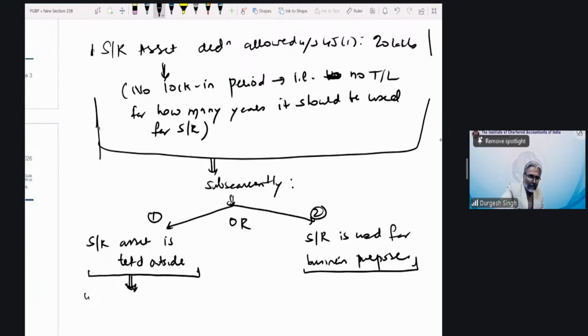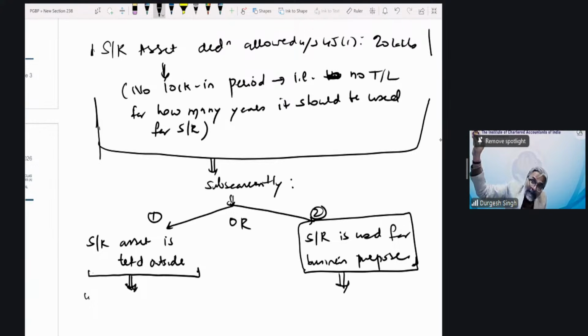Now students, if you see over here, scientific research asset is used for business purpose. If it is used for business purpose, means now you are going to use it for manufacturing, isn't it? Which means that now, because the asset is going to be used by the business division, what will happen, students?